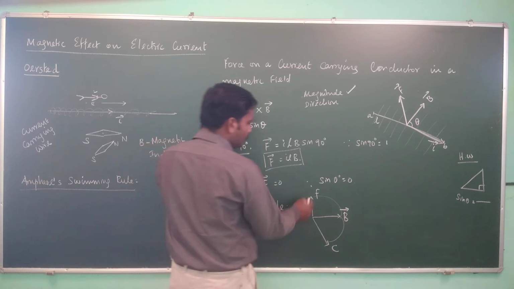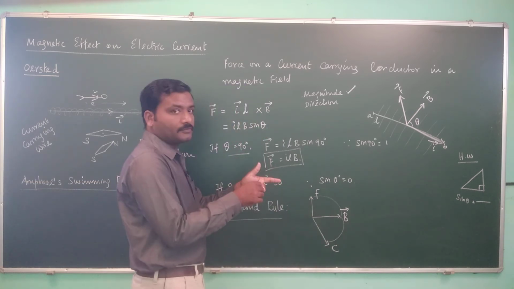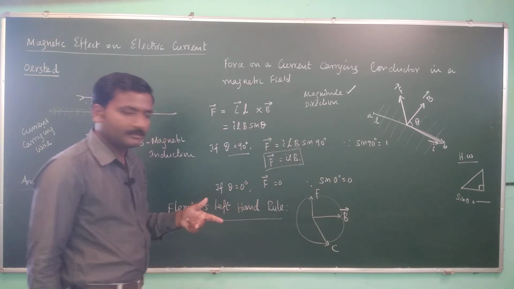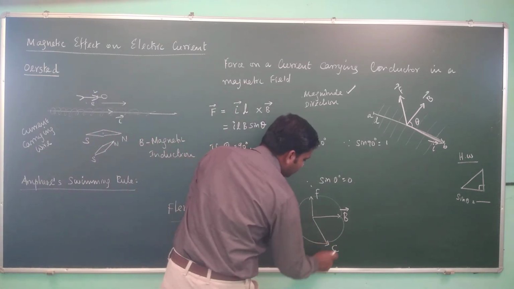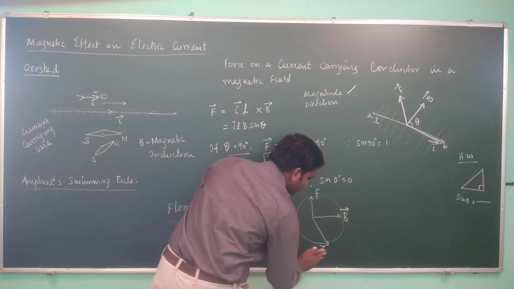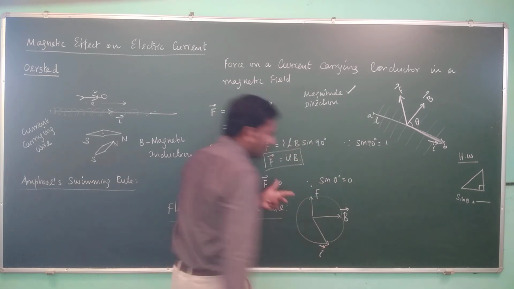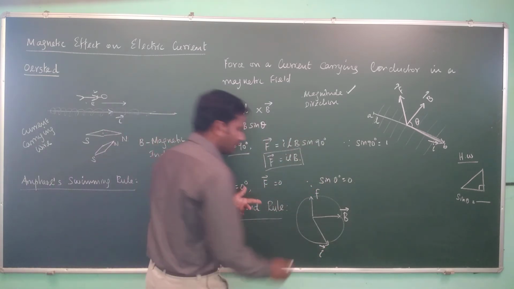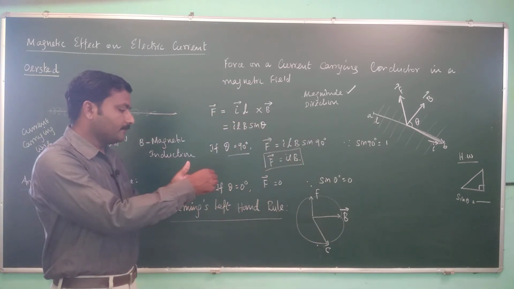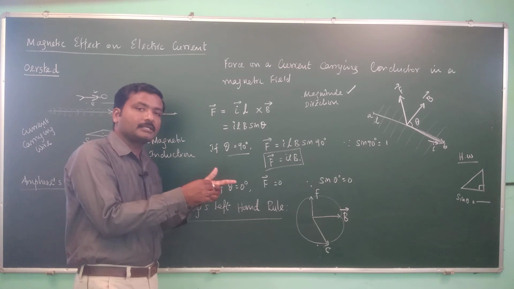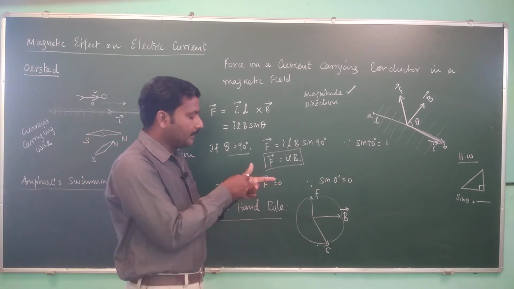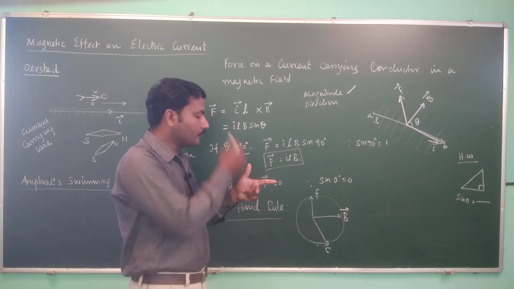And if you connect these two, this finger and this finger, you will get C. So this is nothing but current I vector, or simply current. So if this is magnetic induction and this is current, and both are lying perpendicular to each other, this one represents the direction of the force.